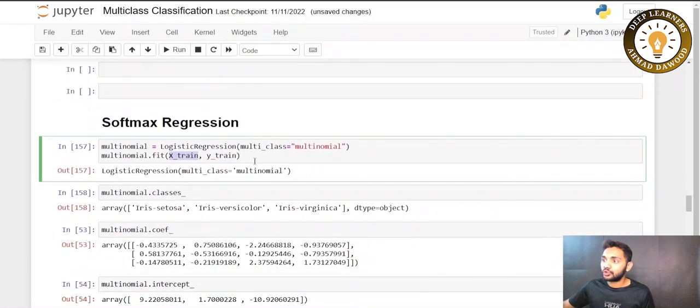There are 3 classes, so there should be 3 scores, and 5 parameters for each score, so 15 parameter values will be obtained during the training of that logistic regression. So during the training, 15 best parameter values are obtained.